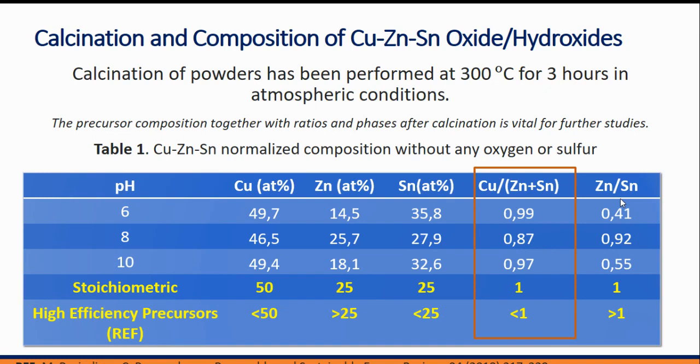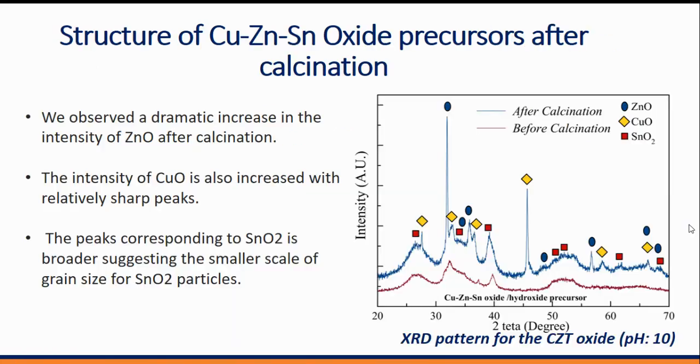But when we look at the zinc to tin ratio, what we see is slightly tin rich results. However, we are really happy with the results that when we have the precipitation pH 8, it is copper poor, and also we got results close to the stoichiometric value when it comes to the zinc to tin ratio.